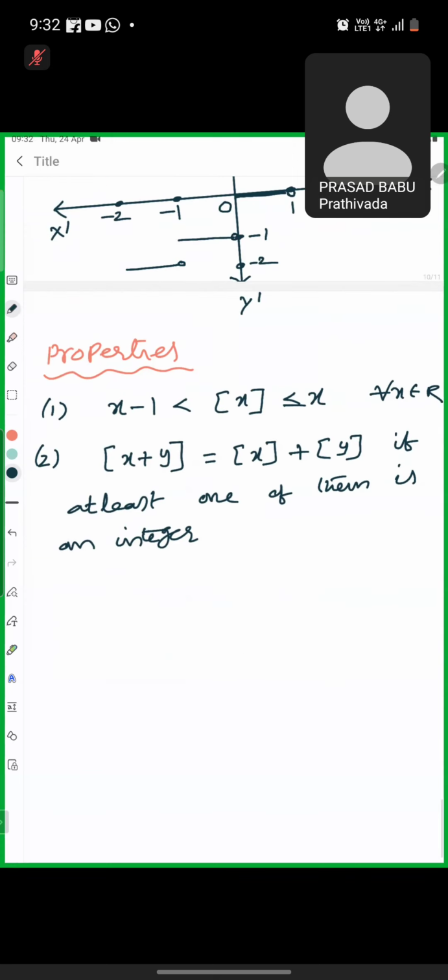See this. Integral part of 2.3 plus integral part of 3.9. What is the value of 2.3 plus 3.9?